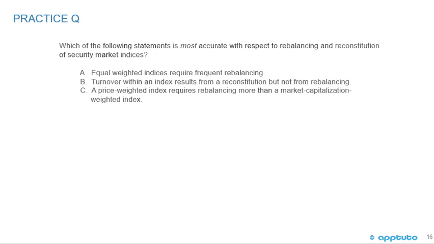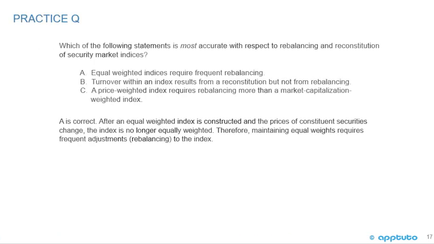Or C. A price-weighted index requires rebalancing more than a market capitalization weighted index. A is correct. After an equal weighted index is constructed and the prices of constituent securities change, the index is no longer equally weighted. Therefore, maintaining equal weights requires frequent adjustments, rebalancing to the index. And that's the quote exactly from the slide that we saw earlier. Okay?